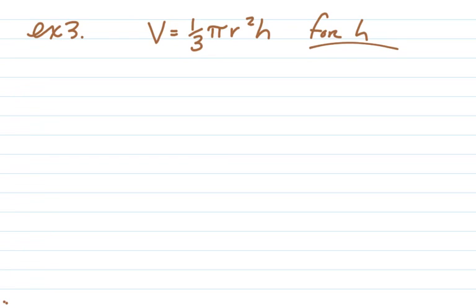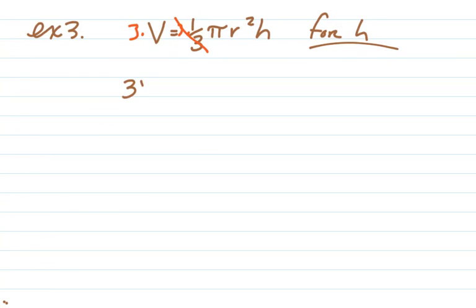Now you could solve this all in one step by dividing everything by 1/3 pi r squared. However, I'm going to turn this into a two-step problem and just multiply both sides by 3, the reciprocal of 1/3, to get rid of that fraction. I don't want a fraction in the denominator, so I got rid of it by doing that.